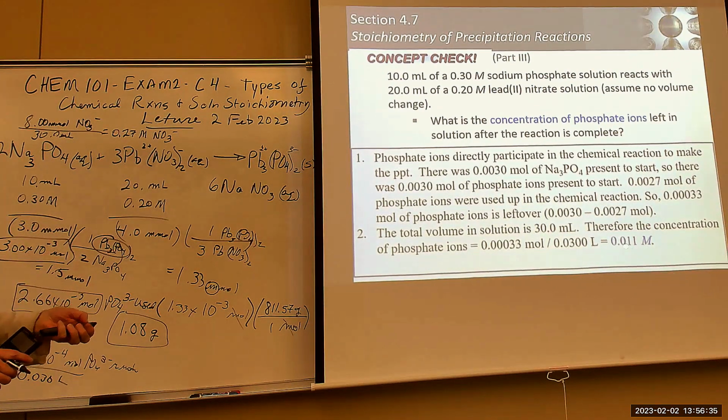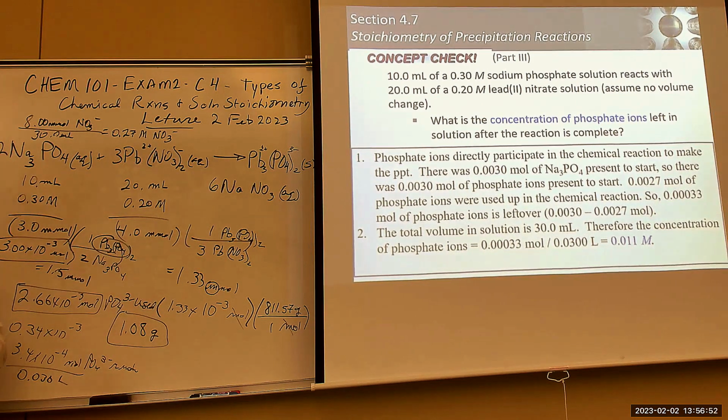There it is. And we chopped off that last digit. Okay. That's how much phosphate you have left in solution, because we used some of it for that, but we left some of it behind.